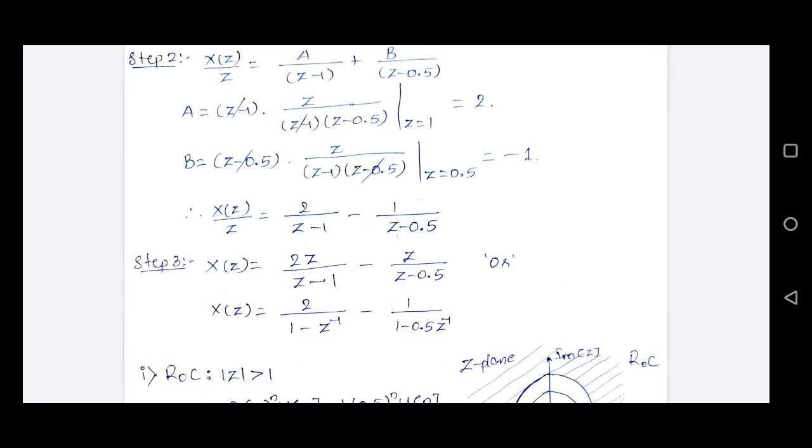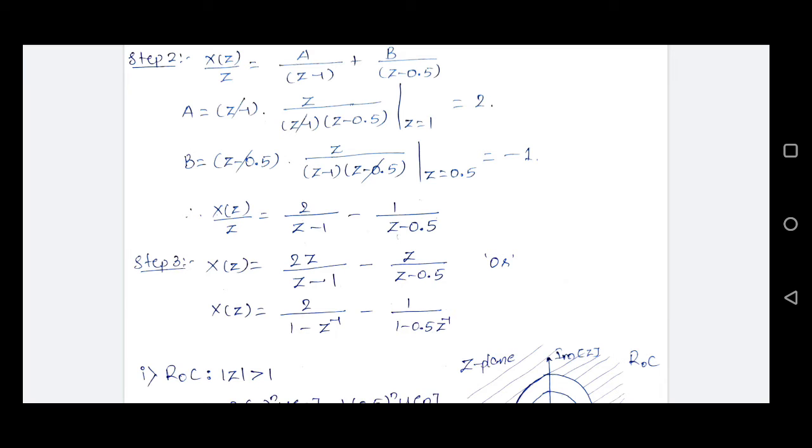Expressing this z transform in negative powers of z, we can rewrite it as 2 divided by (1 minus z^-1) minus 1 divided by (1 minus 0.5 z^-1). This is the standard way of representing the z transform.